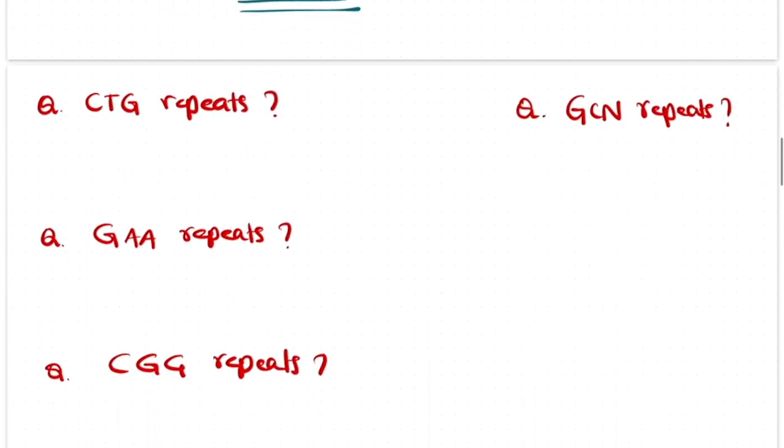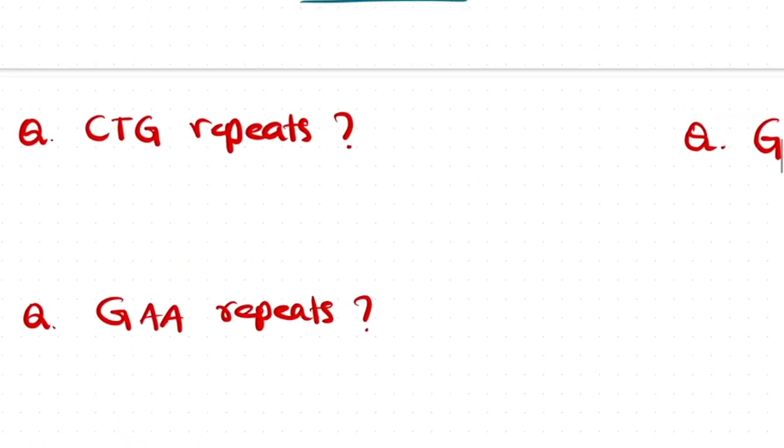Next, what are the CTG repeat disorders? Which type of SCA will have a CTG repeat disorder? Can you tell me? I've already told, SCA8 is the only spinocerebellar ataxia with a CTG trinucleotide repeat. Next we have HDL2, Huntington disease like 2.